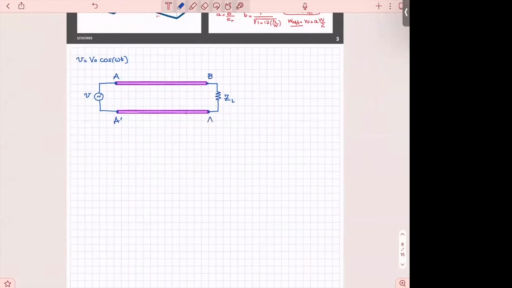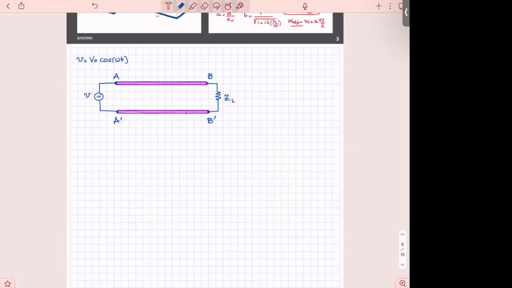We call it port AA prime, the input port. You're going to hear me talking about this quite a bit. And the output port, BB prime. We will always call them like that because there are two distinctly different points, physically separated.